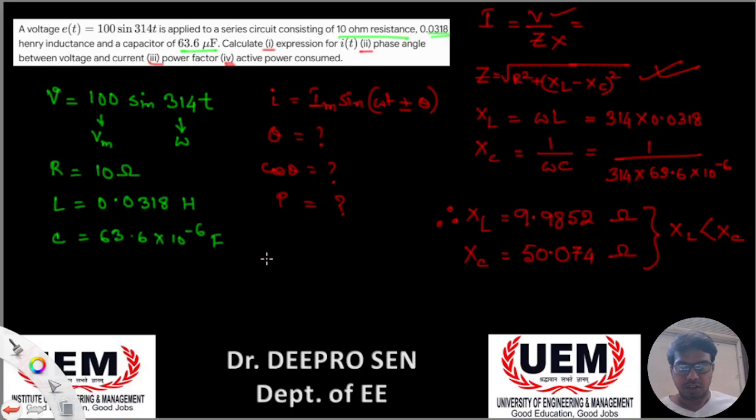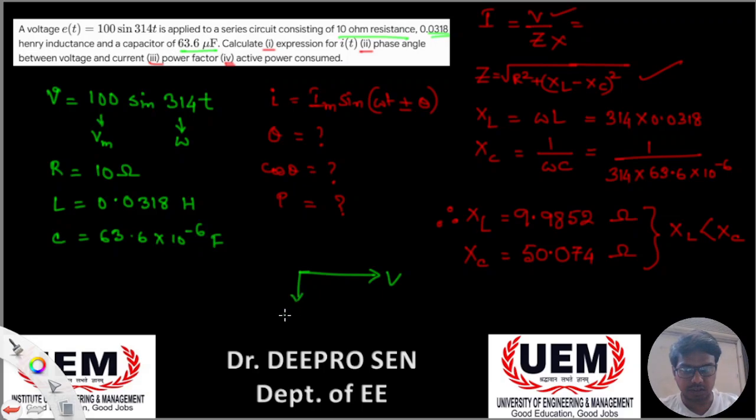Let me just give a small recap of the phasor diagrams that we had learned in one of my videos. If this is the voltage vector, the current due to XL will be somewhat here because XL is small, the current will be higher, and XC is large. This is the voltage vector.